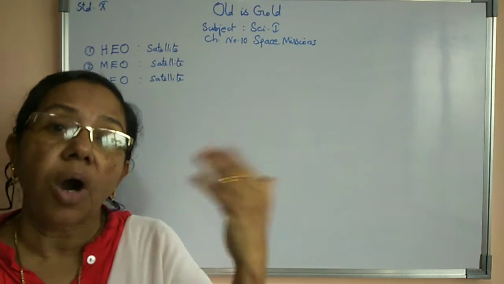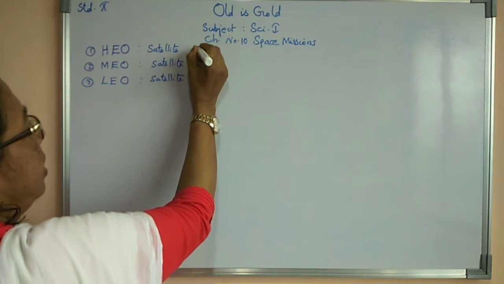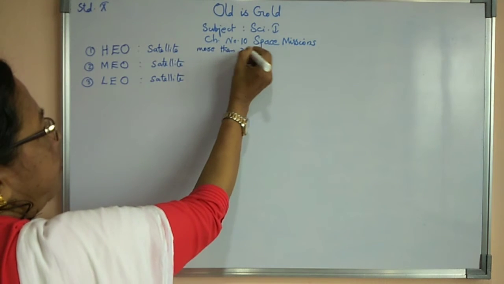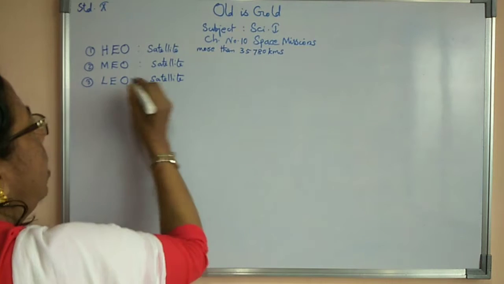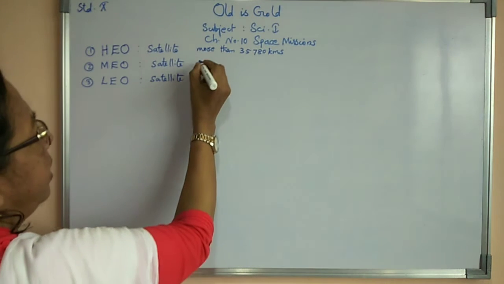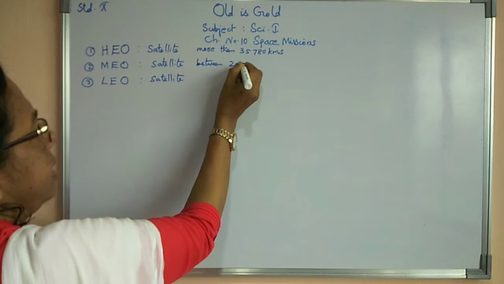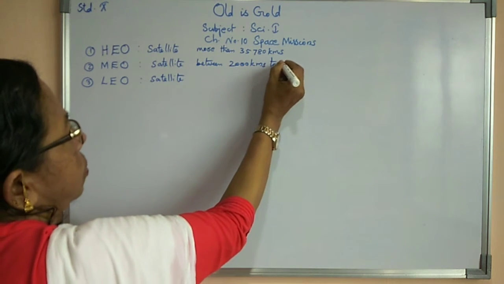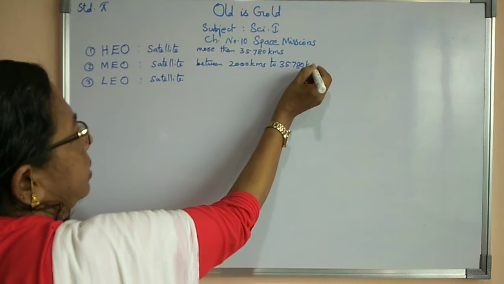Now high Earth orbit, its distance from the surface of the Earth will be more than 35,780 kilometers. Medium Earth orbit, its height will be between 2000 kilometers from the surface of the Earth to 35,780 kilometers.